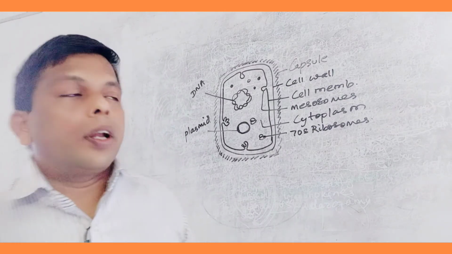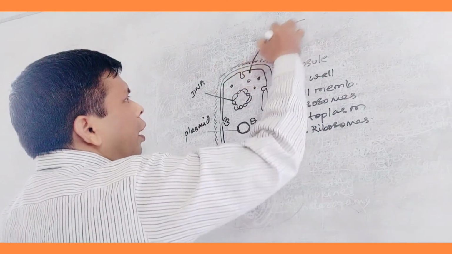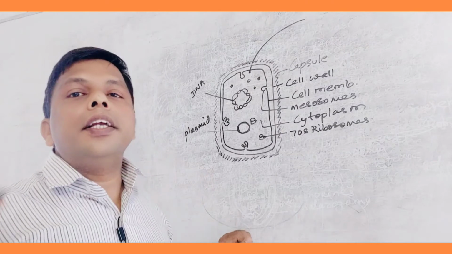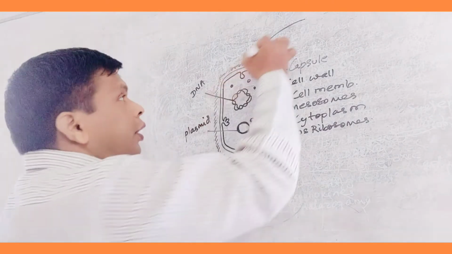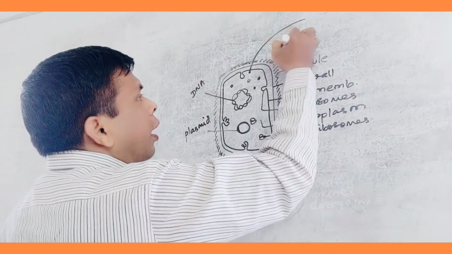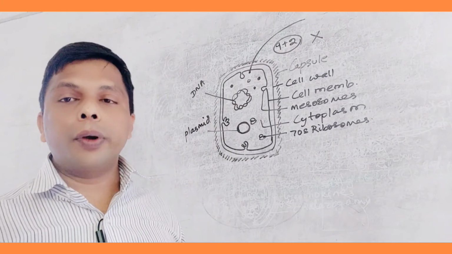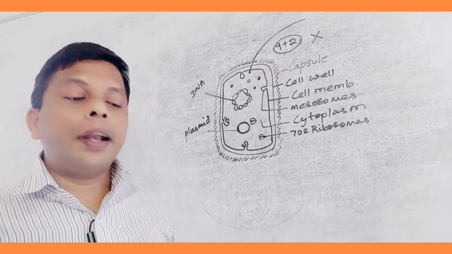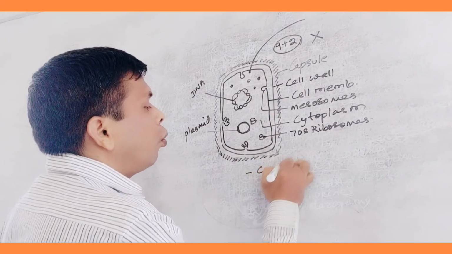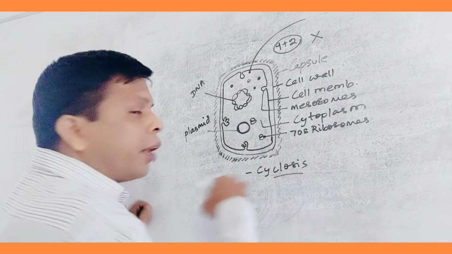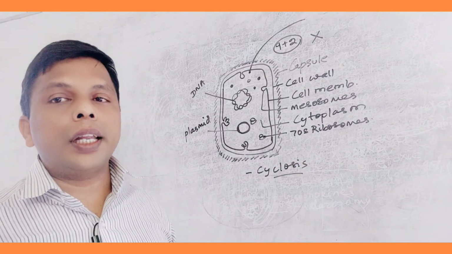Coming to the locomotory organelle, sometimes a flagellum is present. It arises from the basal granule. The 9+2 arrangement is absent in it. Cytoskeleton absent, 9+2 arrangement absent. Then cyclosis, the streaming movement of cytoplasm, is absent here.